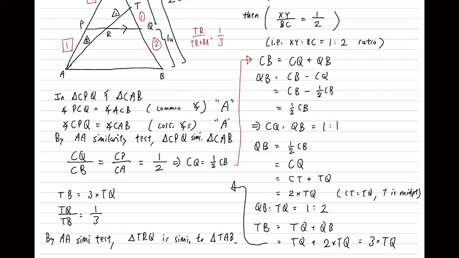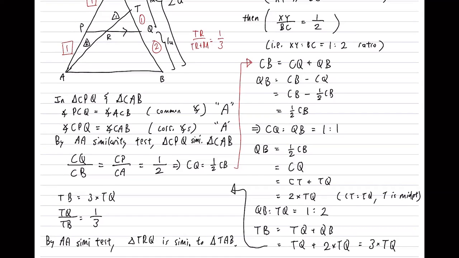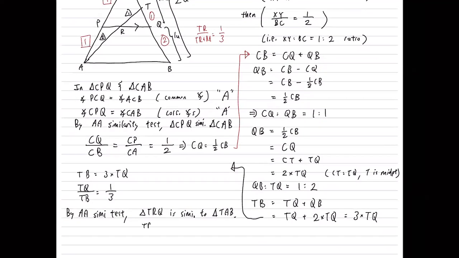Now, if they are similar, we know that their ratios are equal. In other words, TR is to TA must be equal to TQ is to TB, which is 1/3, right? So TR is to TA has a ratio 1:3.